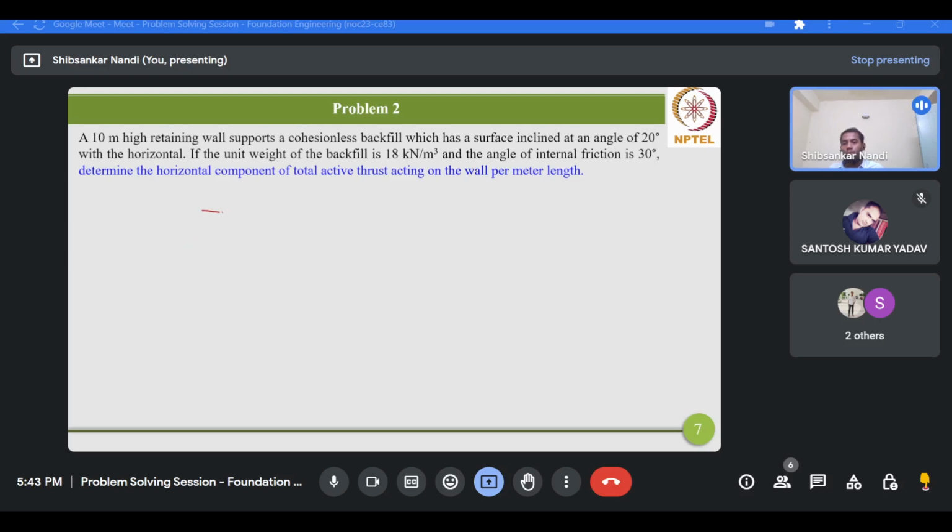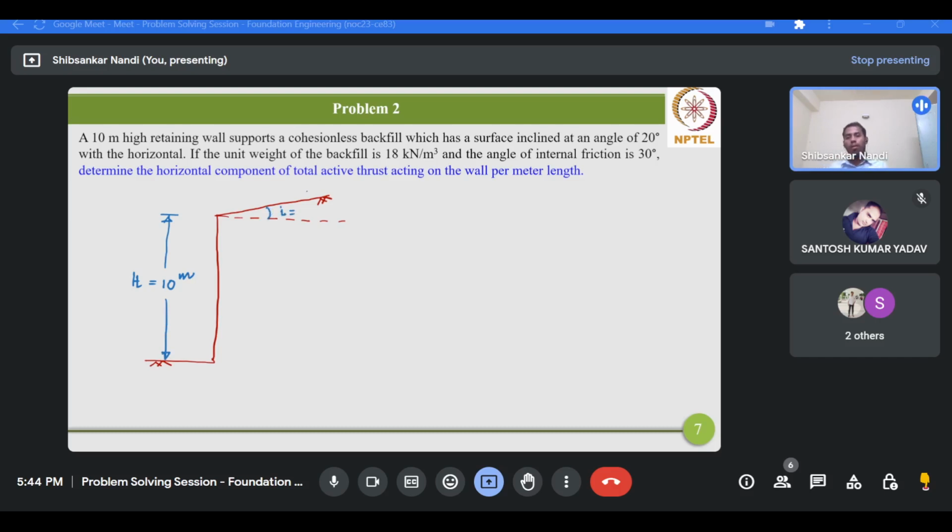So this talks about the retaining wall like this. So this is the retaining wall. This retaining wall is having a height of 10 meter and the backfill surface is now inclined.